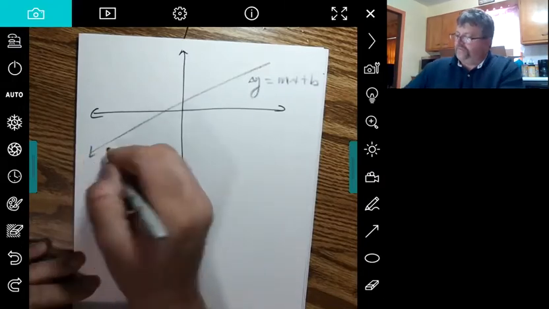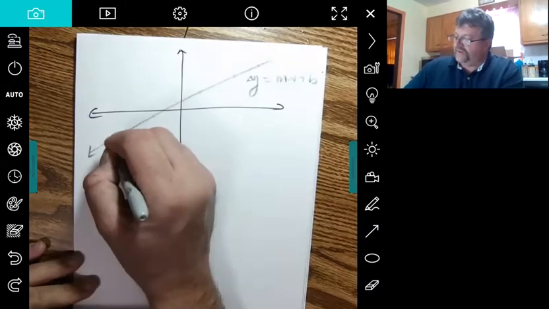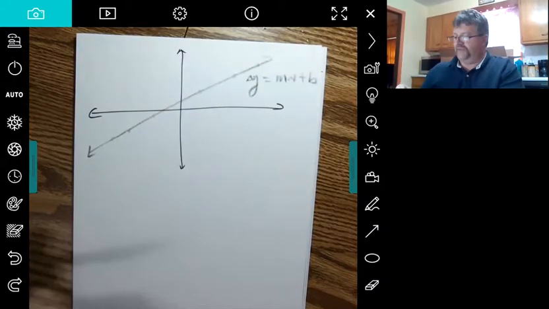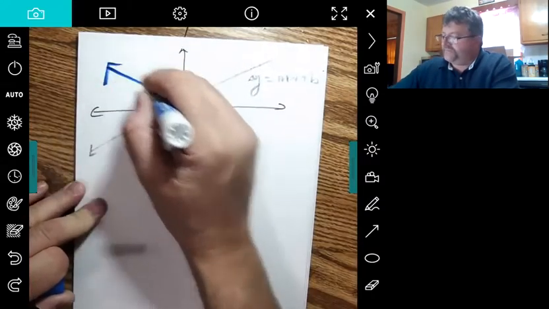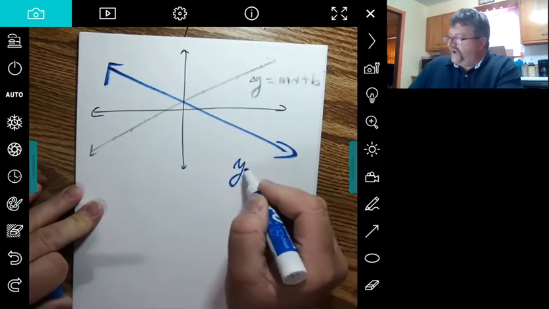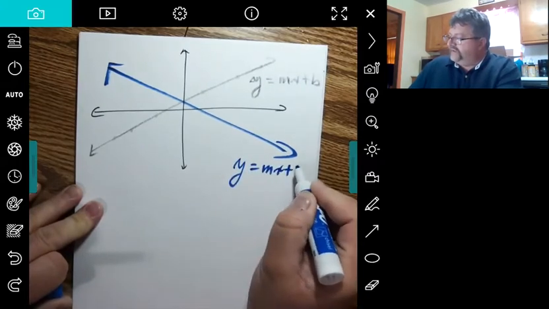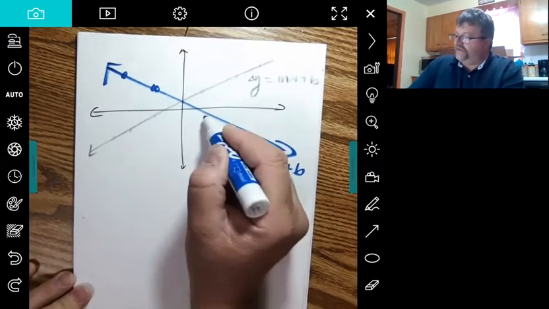And it goes forever. It's got all these points, all these x comma y's, right? They're all solutions to that problem. Well, now I'm going to have a second line. Okay? And it's some other y equals mx plus b. Okay? It's its own equation. And it has its own infinity of points here.